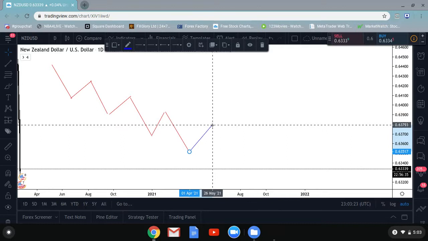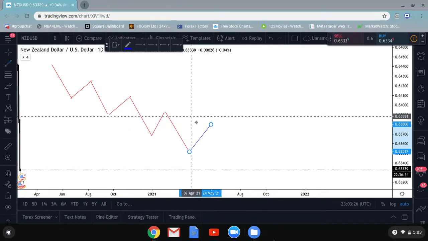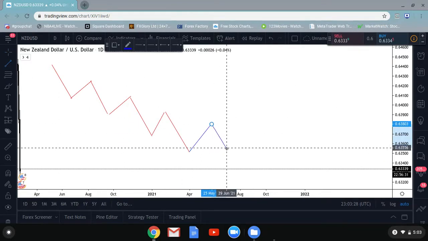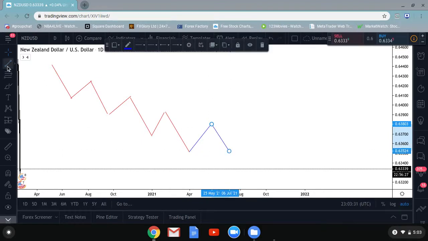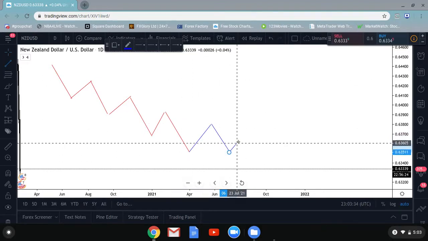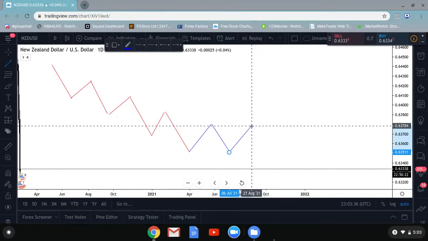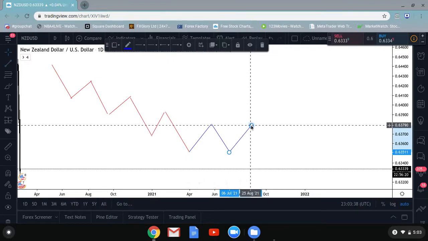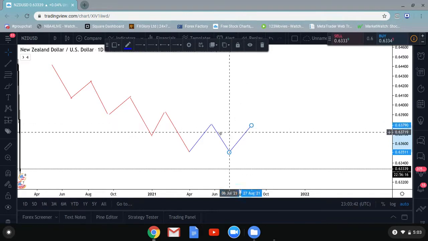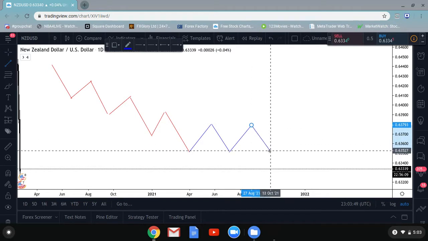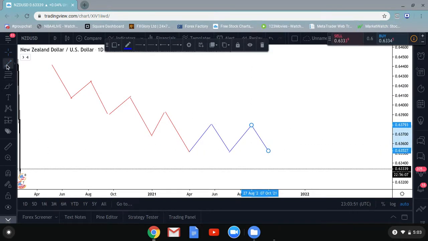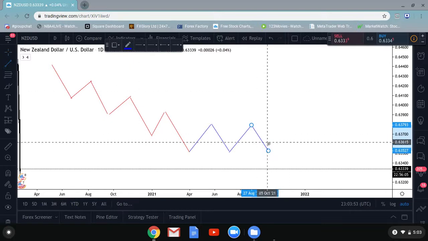It'd push up towards it, not break it. Price would come down back to the low, but not break it. Comes back up to the high, but doesn't break it. And this could go on for days, hours, depending on the chart that you're on. If you're on the 4 hour or the daily, it could be days, possibly weeks.